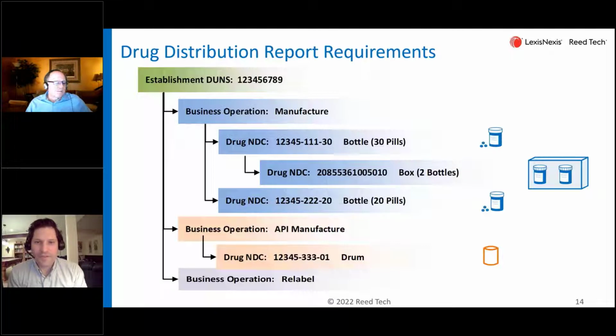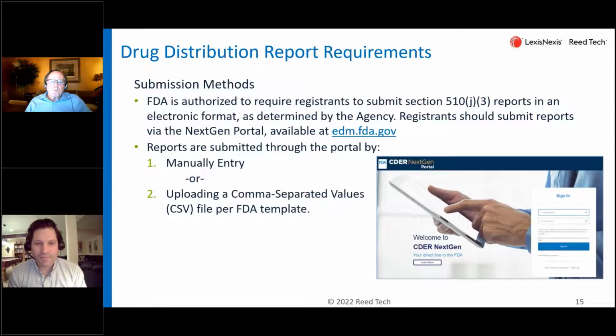I totally understand what you're saying. So the actual submission requirement comes into the FDA by way of the CDER Next Gen portal.